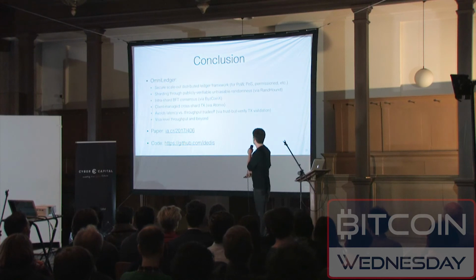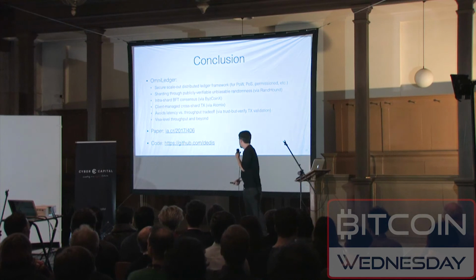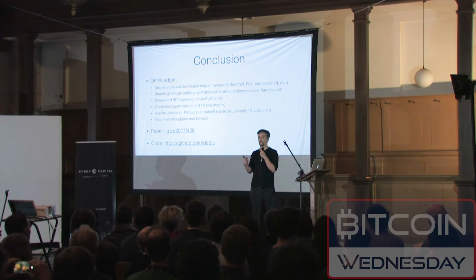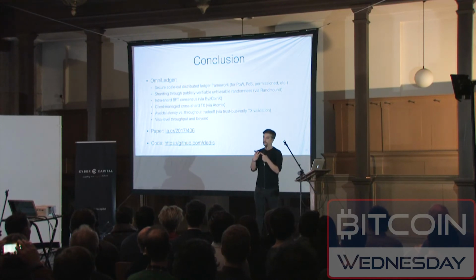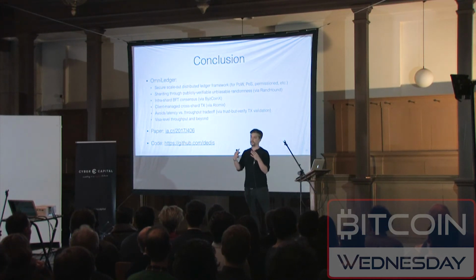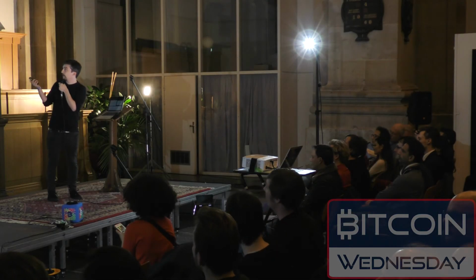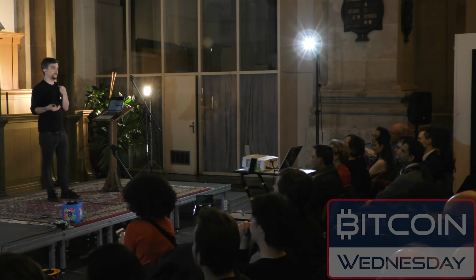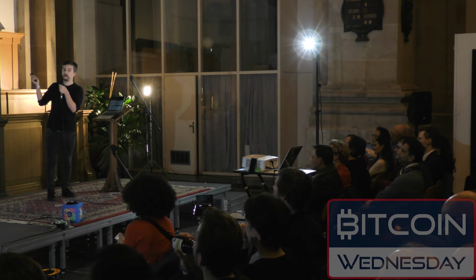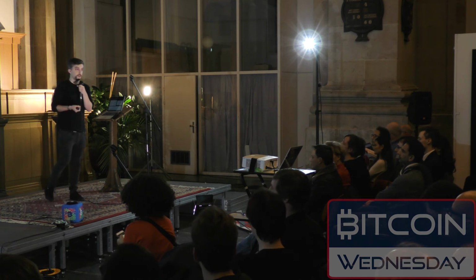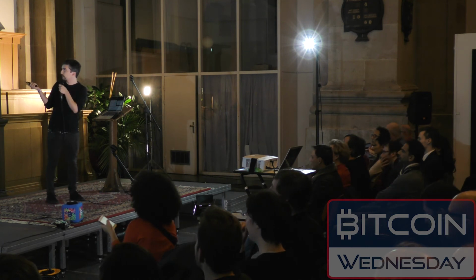All right, so that brings me to the end of my talk. What I presented to you is OmniLedger, which is a secure scale-out distributed ledger framework, and you can use it for proof of work, proof of stake in a permission setting, or in any other Sybil-resistant identity establishing mechanism that you can come up with. It does sharding through publicly verifiable randomness, in particular the RandHound protocol that we developed. It does intra-shard BFT consensus using the ByzCoinX protocol.